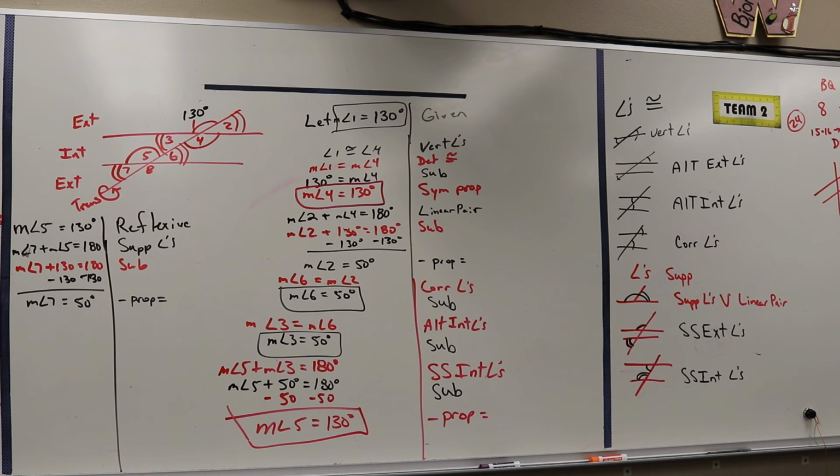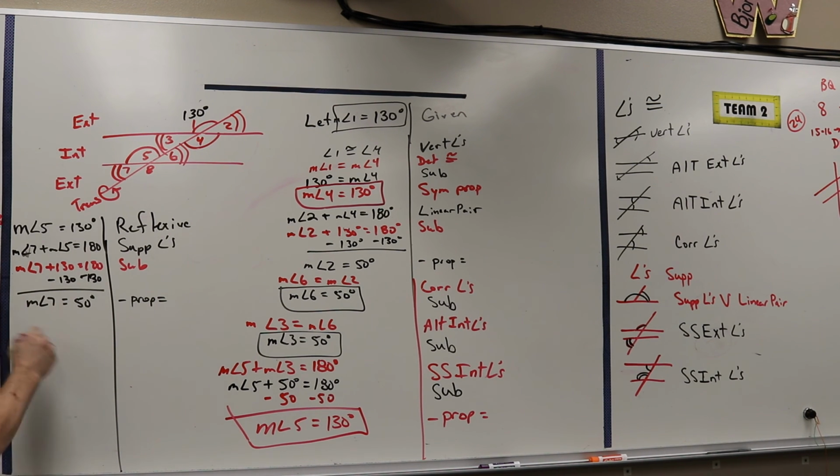Okay, let's do that one. Why is it faster? If I do same side, I have to add them to be 180. But if I do alternate, that means they're equal, so all I do is substitution. I don't have to do substitution and then subtraction. See the difference?